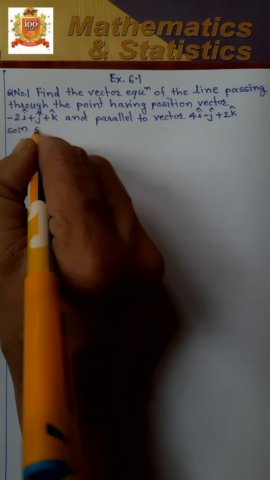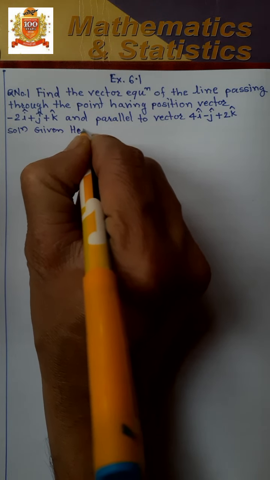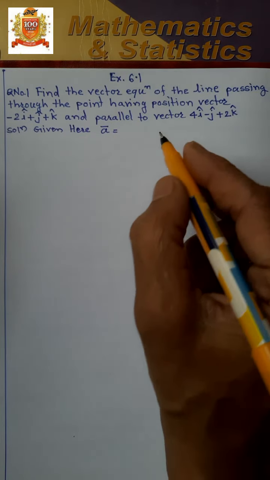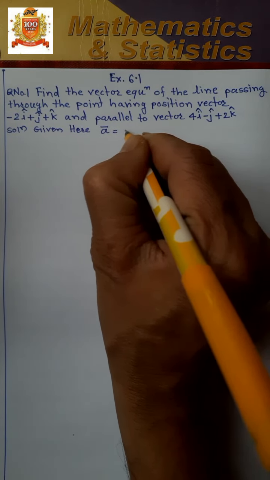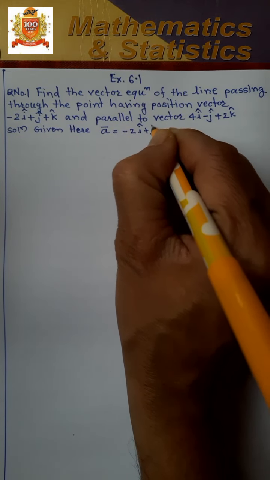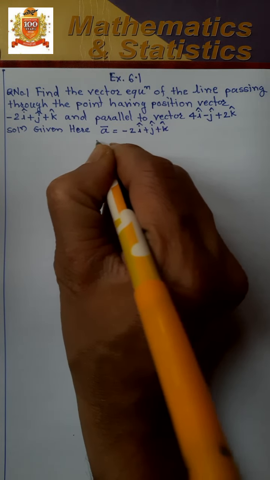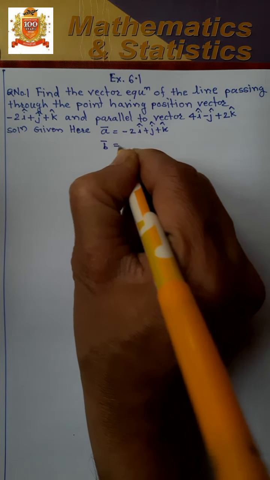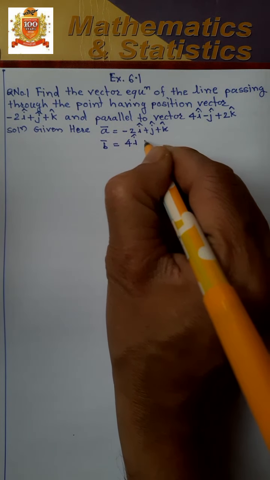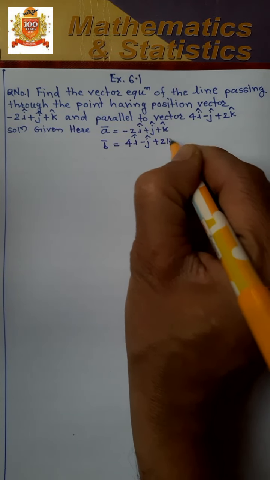Given: here a bar is the position vector of the point that is given, minus 2i plus j plus k, and b bar is equal to 4i minus j plus 2k.